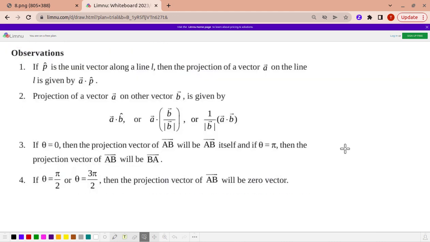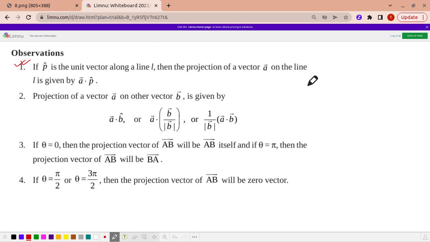If P cap is the unit vector along a line L, then the projection of a vector A on the line L is A dot P cap. That is quite obvious from what we discussed previously.